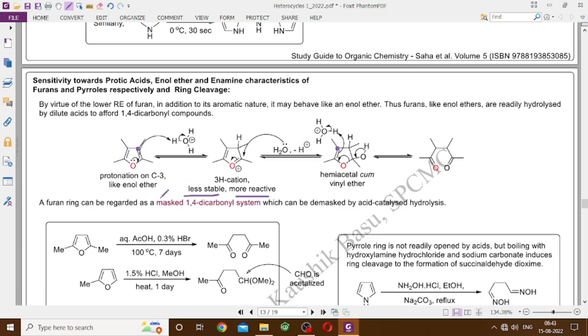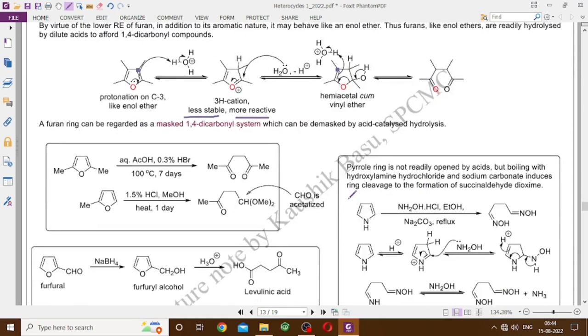The furan ring can therefore be presented as a masked form of a 1,4-dicarbonyl system, which reveals the hidden 1,4-dicarbonyl when exposed to dilute acid. That means acid-catalyzed hydrolysis of furan will reveal the 1,4-dicarbonyl.